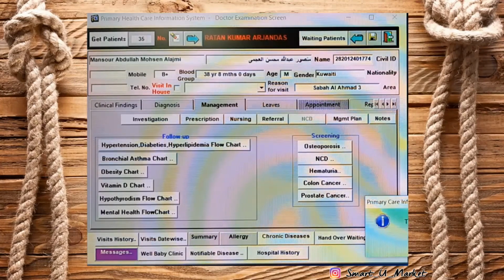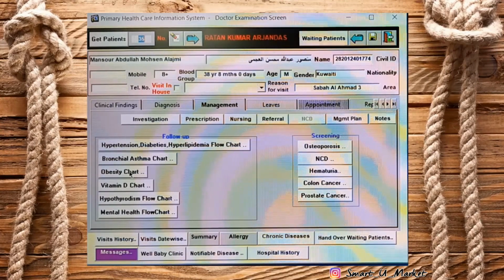When we press it, if the patient is asthmatic, it will appear here, and it will give us guidance on whether the patient has mild, moderate or severe asthma, or severe life-threatening asthma. According to that, you will find what treatment you have to give. You will find it in here.